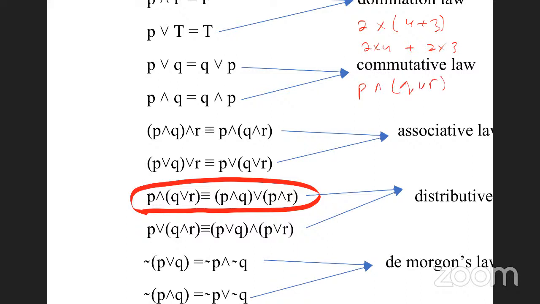So it will be P and Q, multiplying this by this technically, or P and R. That's okay? So that's a way to remember the law. Just like the way you would expand this, it's the same way you'd expand this. Once you see it, hopefully you don't have to go back to the rules. All right?